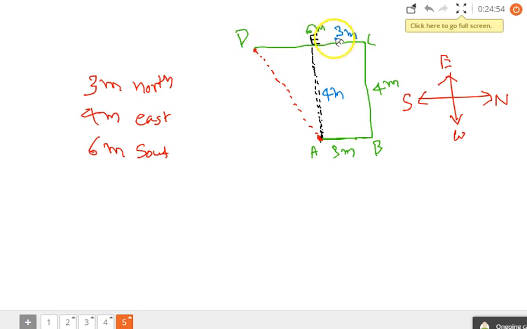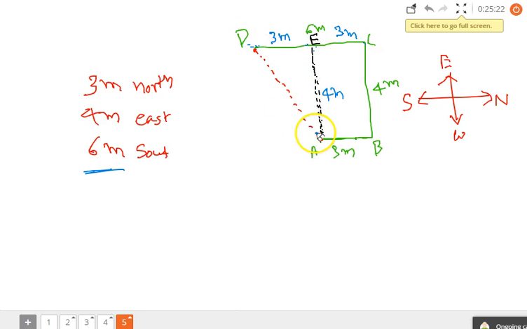What about this one? 6 minus 3, 3 meters. So DE is 3 meters. AE is 4 meters.